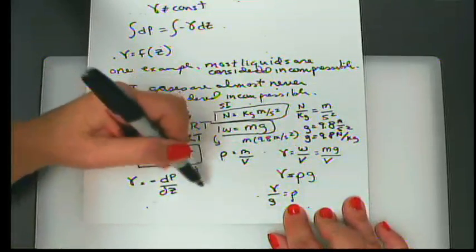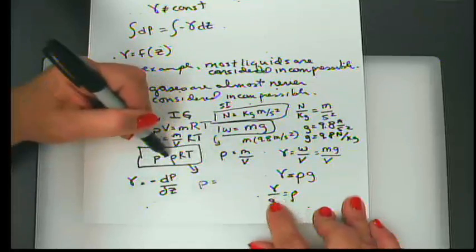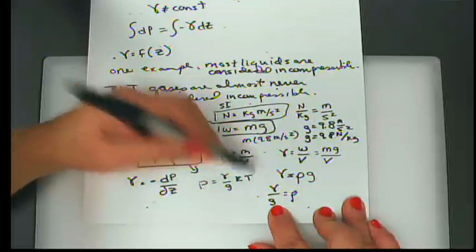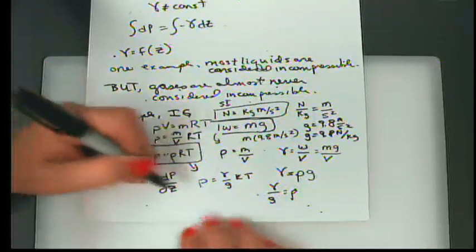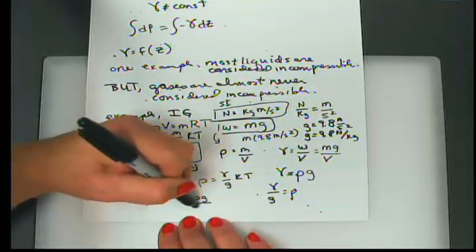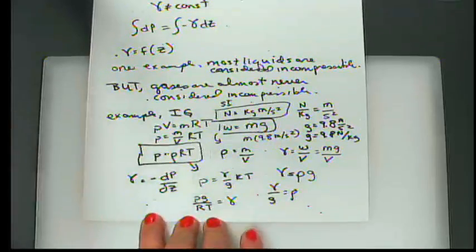And I solve this equation and I say P is equal to gamma over gravity times RT. And then I solve this equation for gamma, I get PG over RT is equal to gamma.